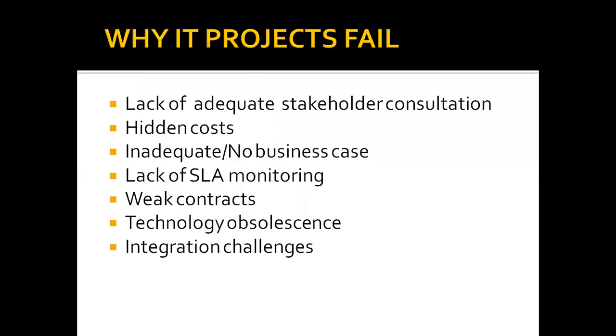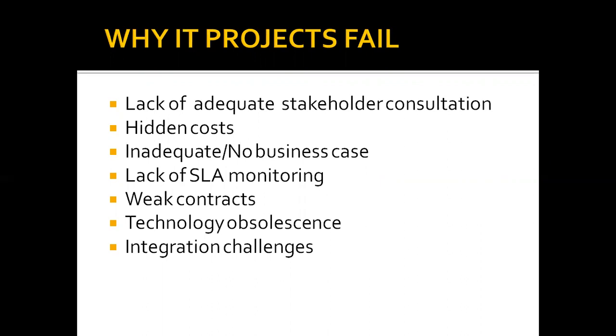So why is it that IT projects fail? Number one, lack of adequate stakeholder consultation. A research showed that 49% of IT projects fail because of the lack of user engagement, inadequate user consultation. Because it's the users that would give you their needs, their requirements.